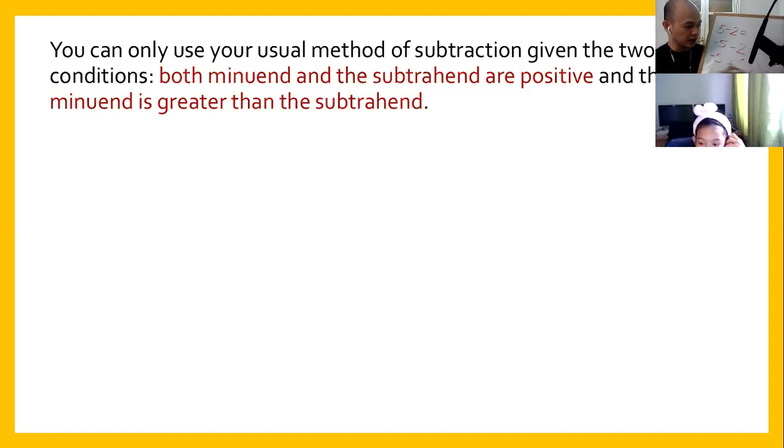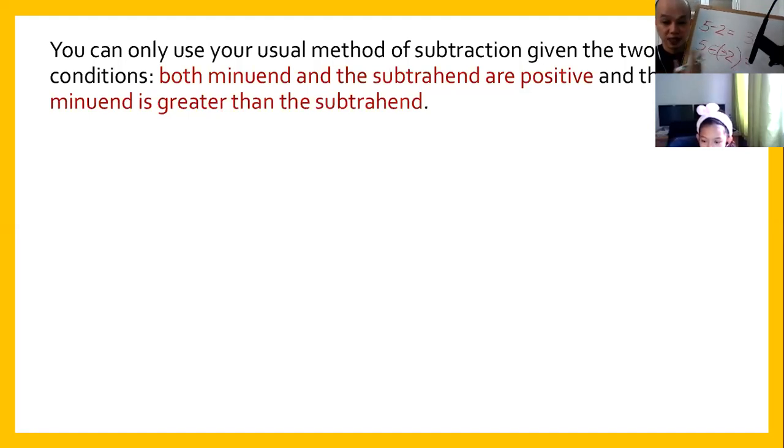Now, another technique in the other example. In the other example I gave you, 5 minus negative 2. What is the technique to easily do this one? So this one is minus and this one is negative, right? If you remember the multiplication rule, negative times negative equals positive, right?